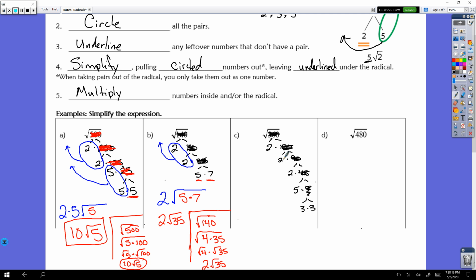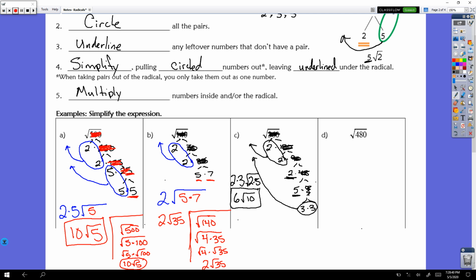So, I have a pair of 2s and a pair of 3s. Here are my leftovers, the 2 and the 5. So I would have one group of 2 and one group of 3s. So 2 times 3 would be on the outside. On the inside, I would have 2 times 5. So that would be 6 square root of 10.